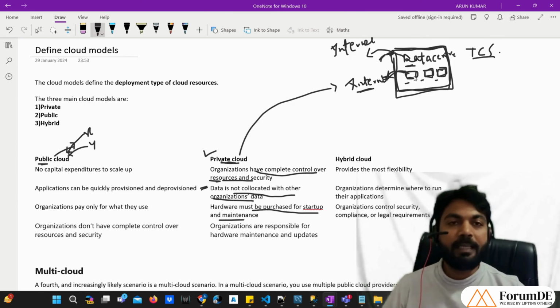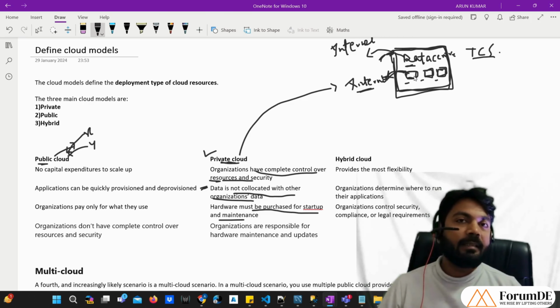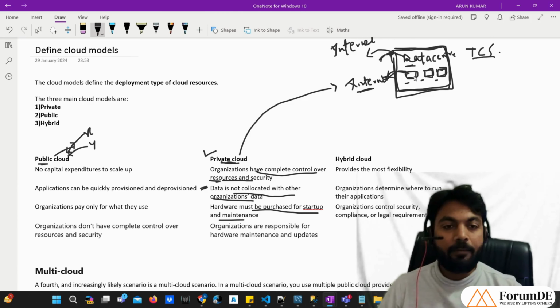Continuous cooling needs to be done because a lot of heat is generated where servers are present, and a lot of software patches need to be updated on these servers. So all of this becomes the responsibility of the organization whose data center it is. That's why here it is written that organizations are responsible for hardware maintenance and updates.